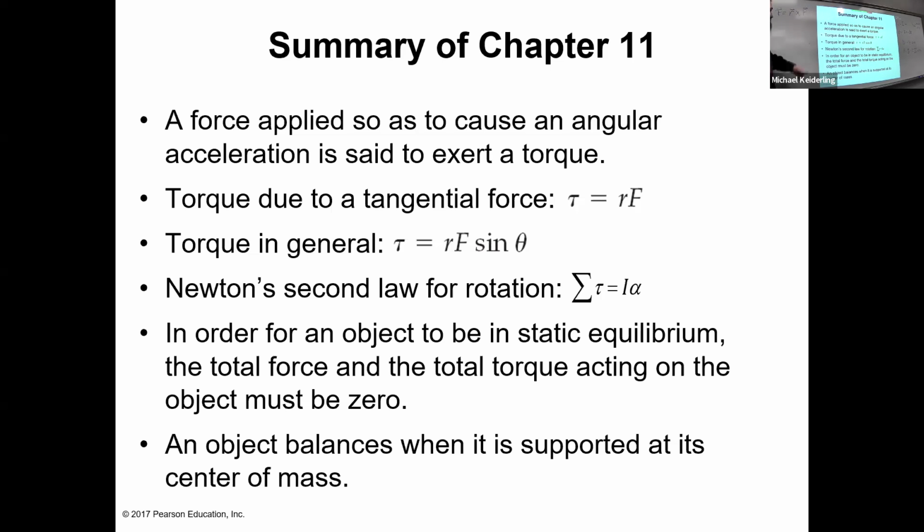That falls out of this vector version. Newton's second law for rotation is that torque equals moment of inertia times angular acceleration. In order for an object to be in static equilibrium, the total force and the total torque acting on the object need to be zero. An object will balance when it's supported at its center of mass.